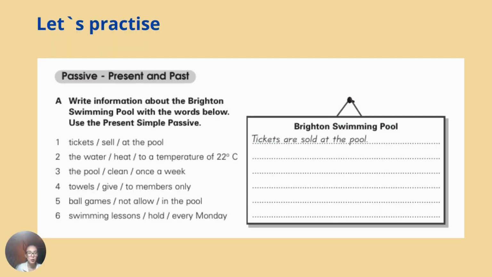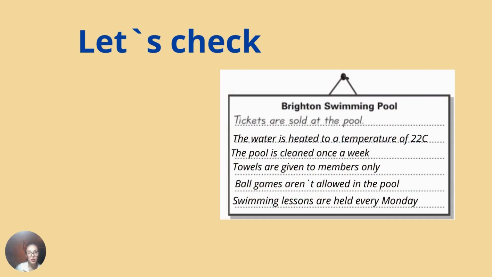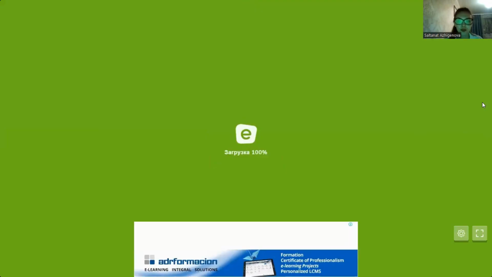For example, the verb sell is irregular, and its past participle is sold, so the tickets are sold. After that, we put the other words, like at the pool. Let's check. Great job. Let's play.